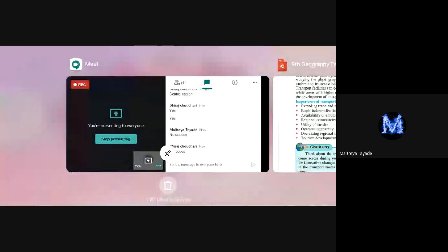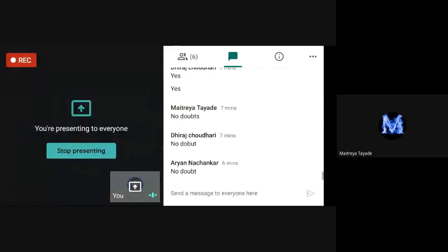So basically, this point was to understand the relation between the physiography of some places and transport route development in that place. Are you able to understand this?